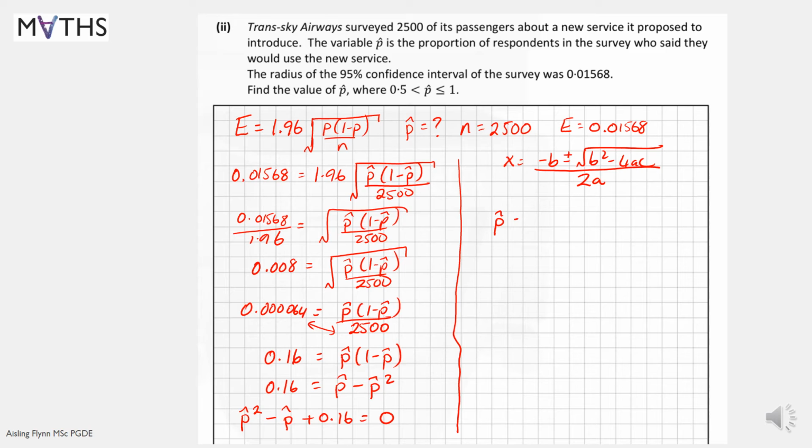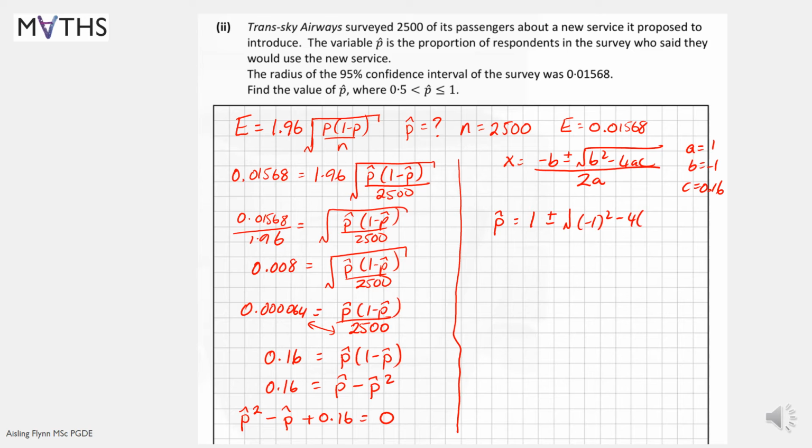Let's substitute our values. If you want to make a list, a is 1, b is minus 1, and c is 0.16. So minus b gives us 1 for a start.